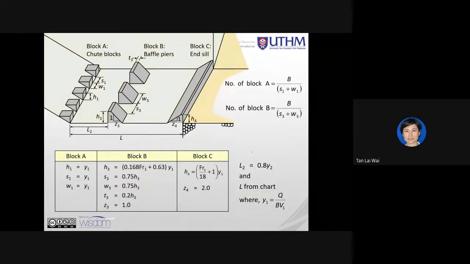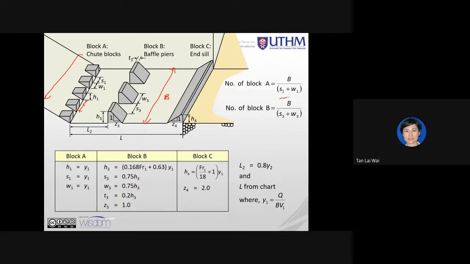Then these are the formulas. Let's look at the number of blocks first. The number of block A is B, where B is the width, or it could be this width as well. This is your B divided by S plus W. Once you divide it by this, you can get how many sets they have.